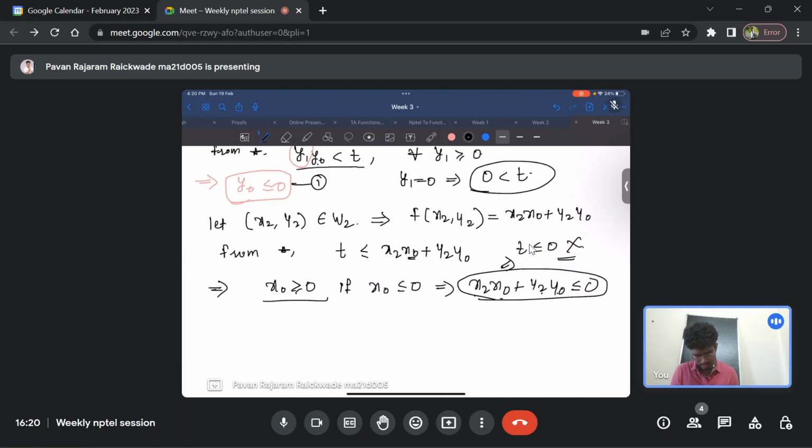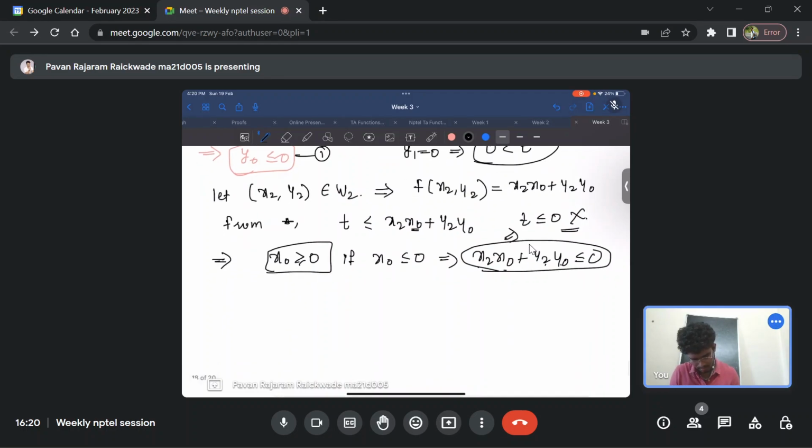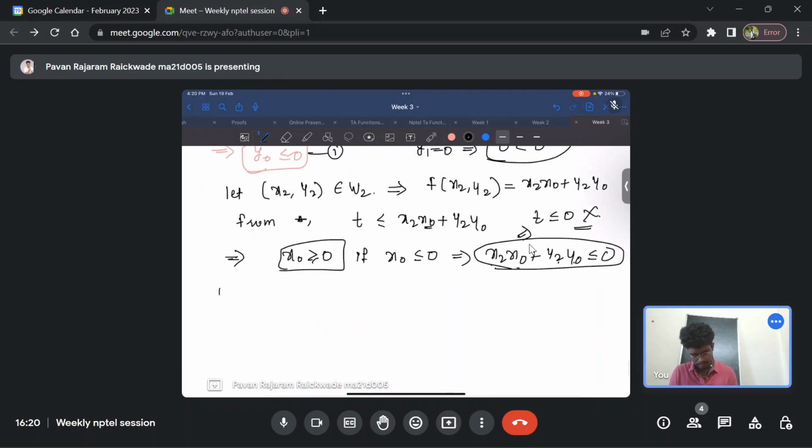So we got that x naught is greater or equal 0, but from the Archimedean property, there exists some x2 belonging to R, I mean greater or equal 0, such that x2 x naught will be strictly less than t.